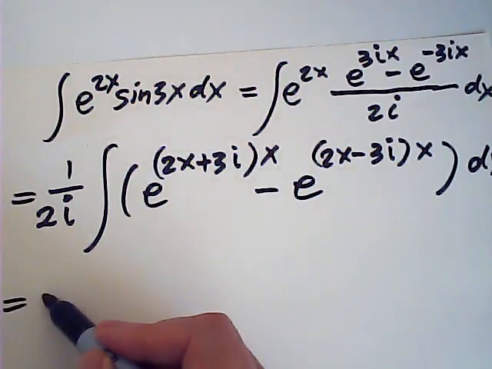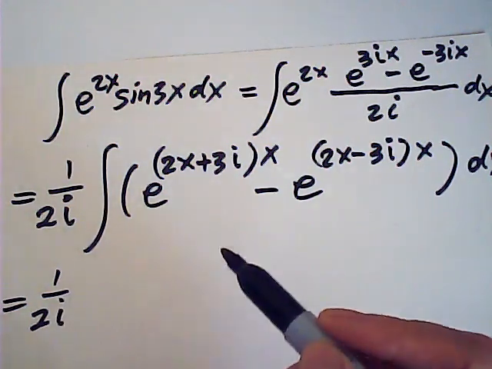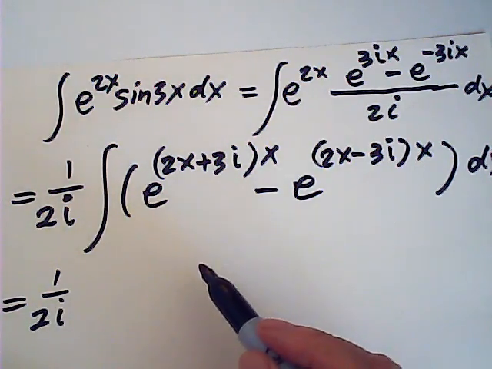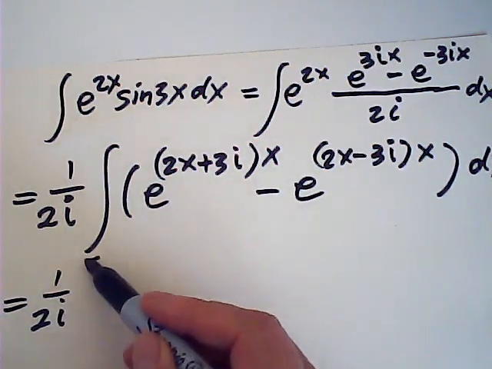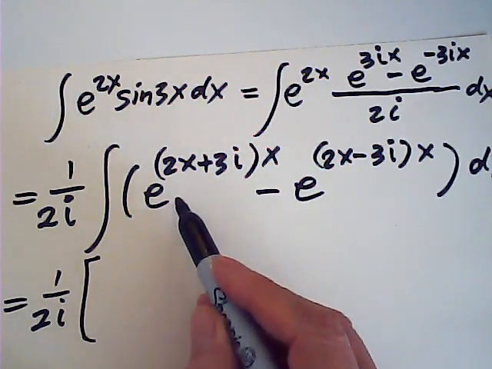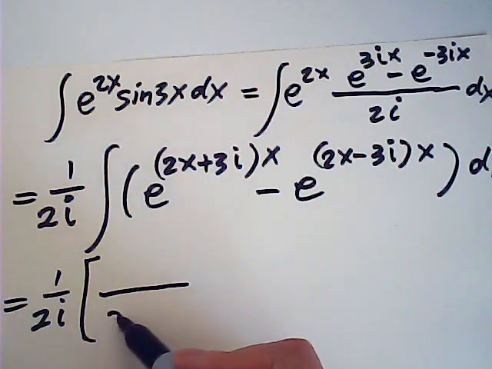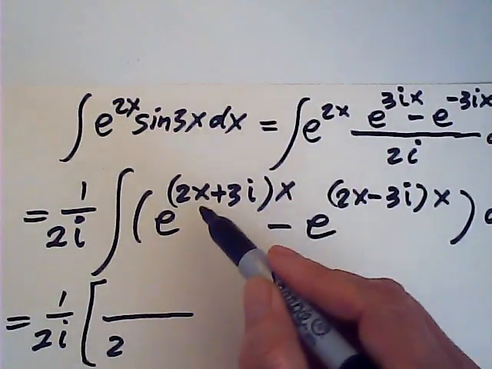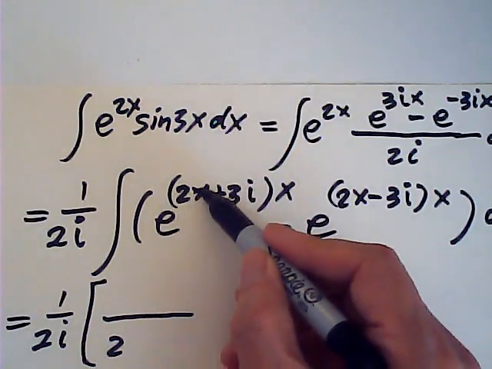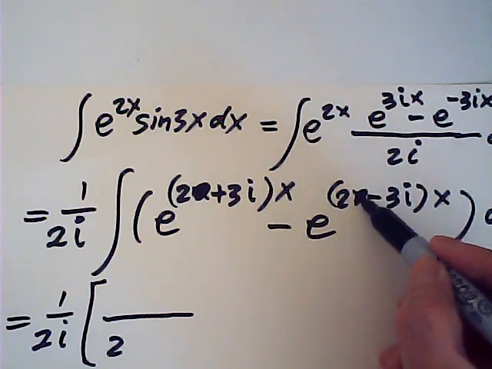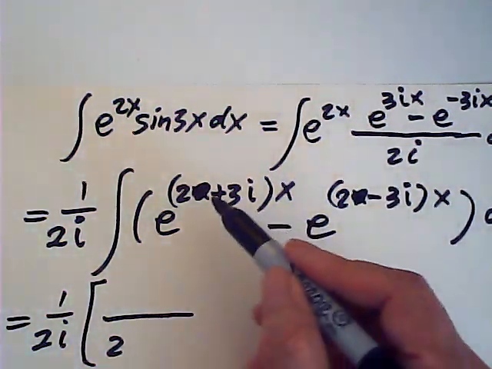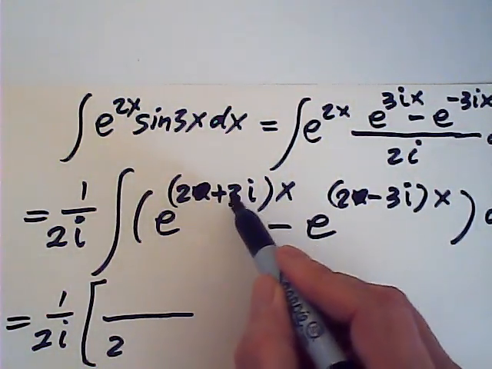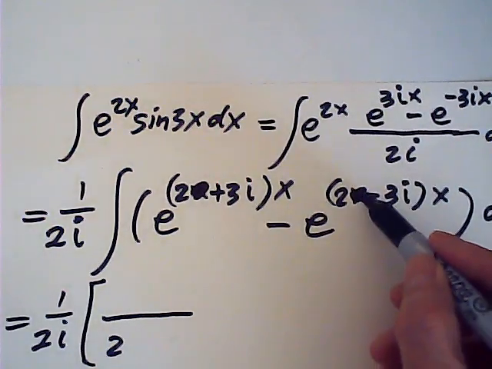Okay, then this is 1 over 2i, and this integral is, there's no x there. Well, I'm sorry, there's 2 plus 3i times x. Yes, it comes.